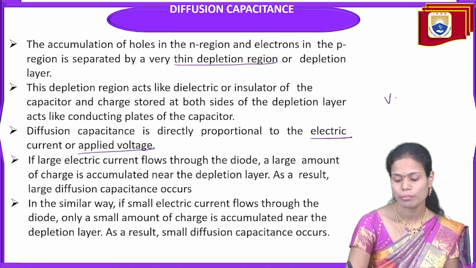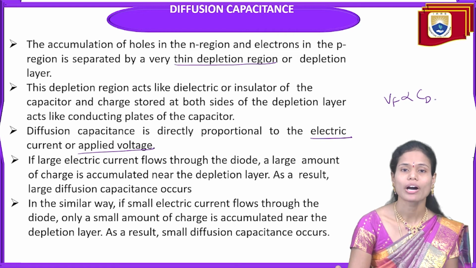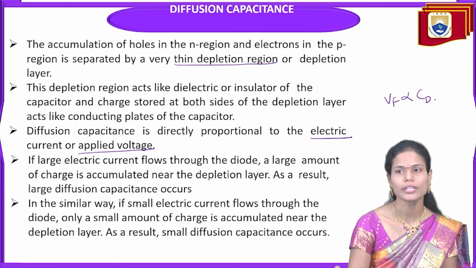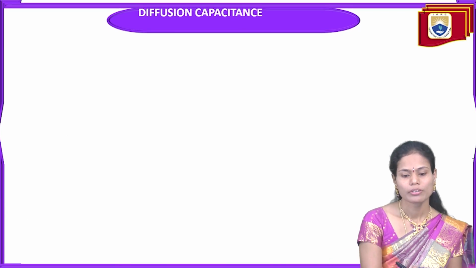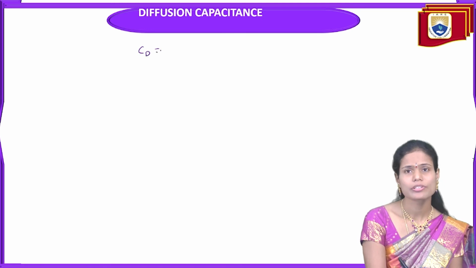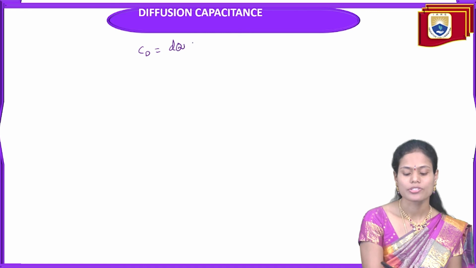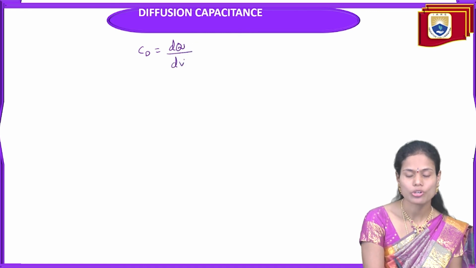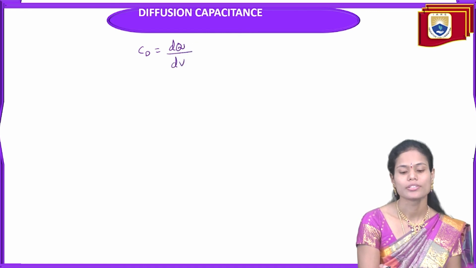The diffusion capacitance is always proportional to the forward voltage we apply to the device here. From this discussion, I can write that the diffusion capacitance is also how much charge is developed across the junction, depending upon how much voltage we are providing for the junction.